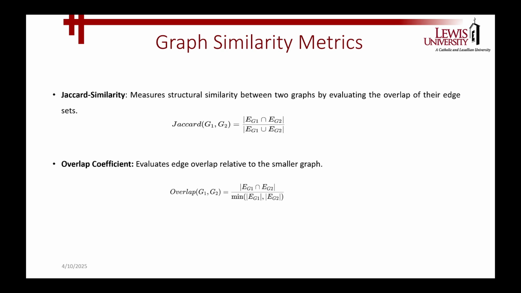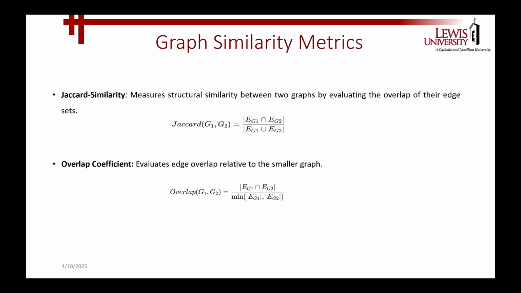On this slide, we focus on edge-based metrics, specifically the Jaccard similarity and the overlap coefficient. Jaccard similarity compares the commonality between two graphs by measuring the ratio of shared edges to the total unique edges across both graphs.